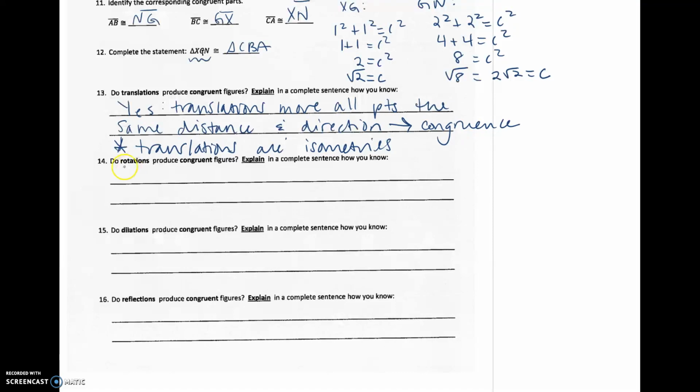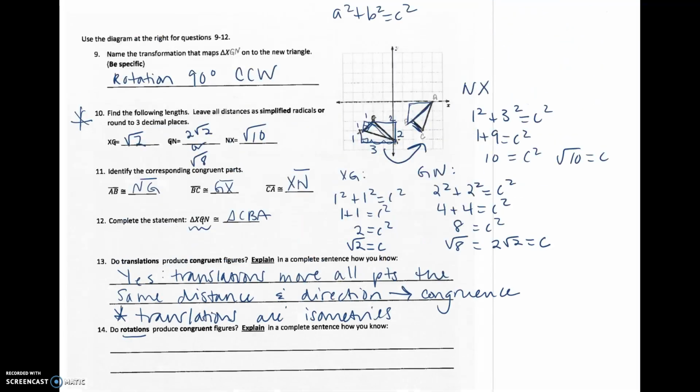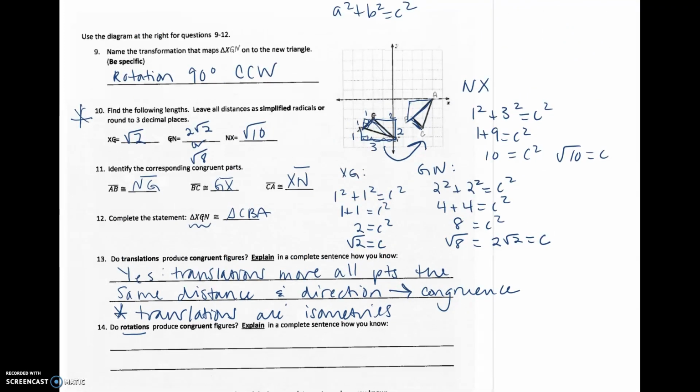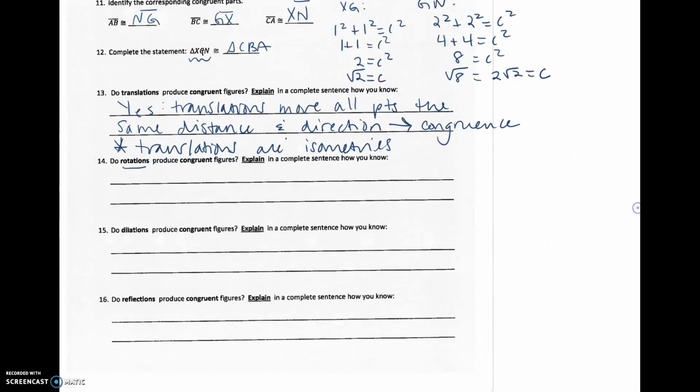All right, do rotations produce congruent figures? Well, going back, this is really asking us about the questions we were just doing. We got congruent triangles in 9 through 12 when one triangle was rotated. So the answer again here is yes, rotations produce congruent figures.